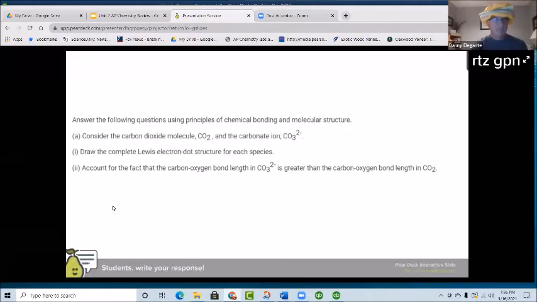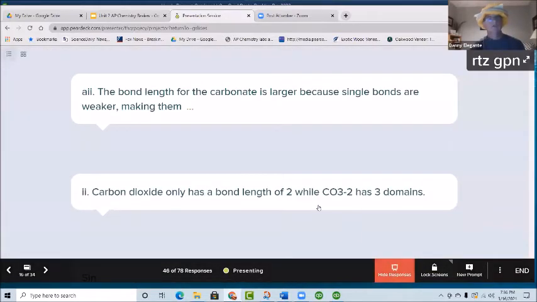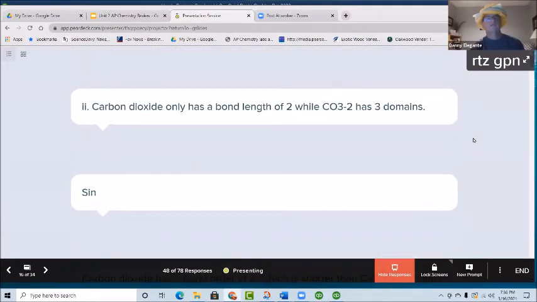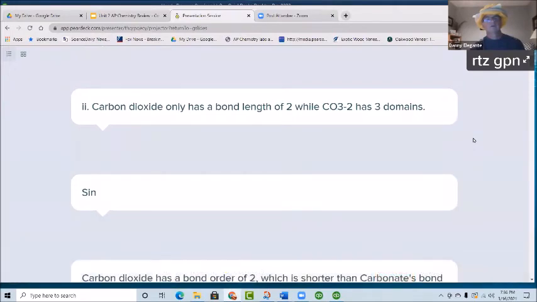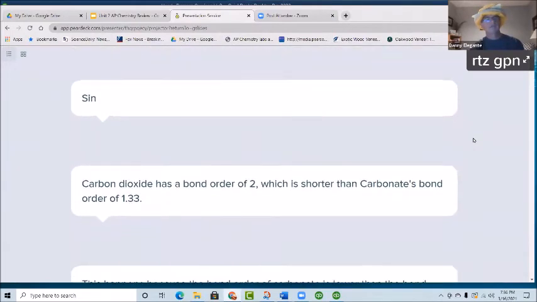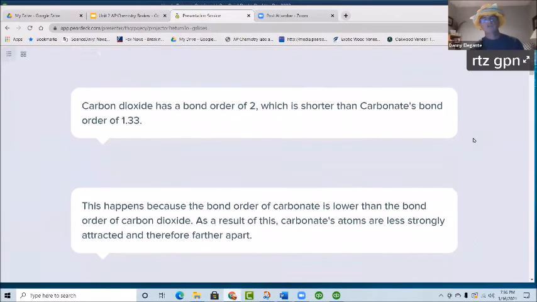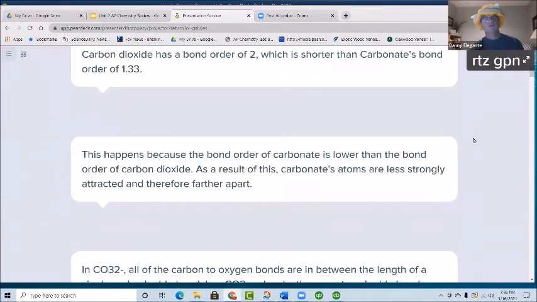So I'm just going to peek at a couple of the answers real quick. Single bonds are weaker, making them smaller. Carbon dioxide has a bond length of 2, while CO3 has 3 domains. Carbon dioxide has a bond order of 2, which is shorter than carbonate's bond order of 1.33.